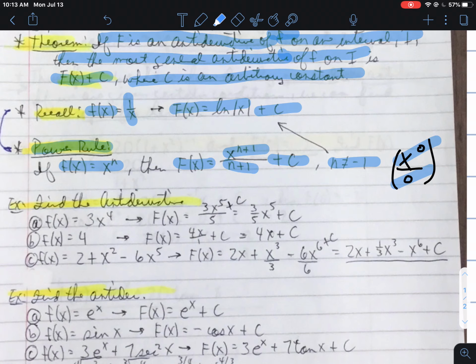So for example, like I said, this is about as straightforward as it gets. If I have a function little f equal to 3x to the 4th, so again, the power rule for antiderivatives says, and I'm calling this cap F because our function is little f, so its antiderivative will be labeled as cap F. So we increase the exponent, so I've got 3x to the 5th divided by the new exponent plus c.